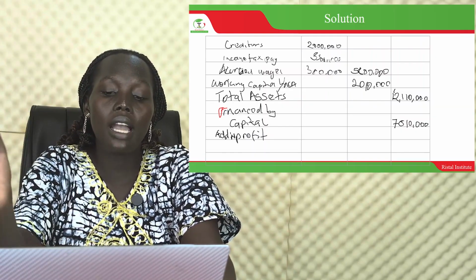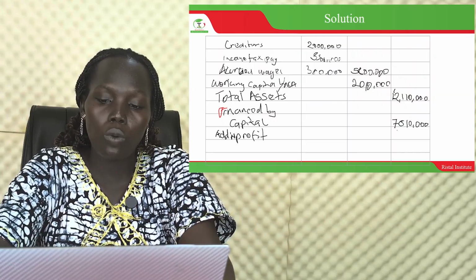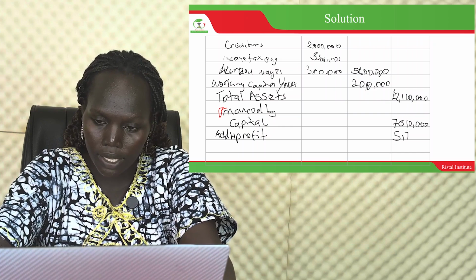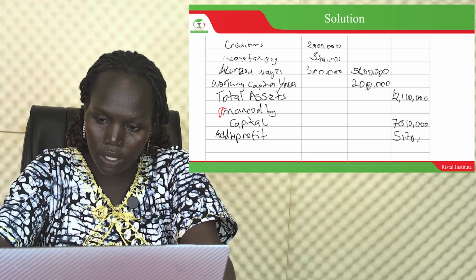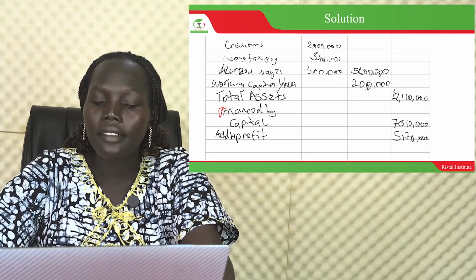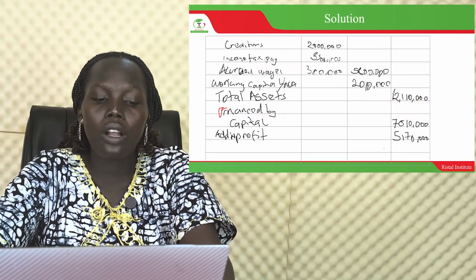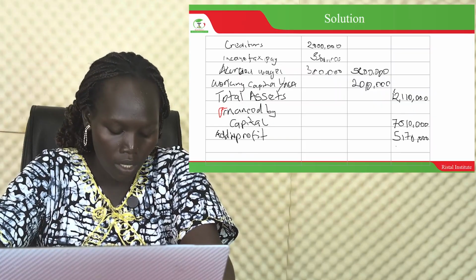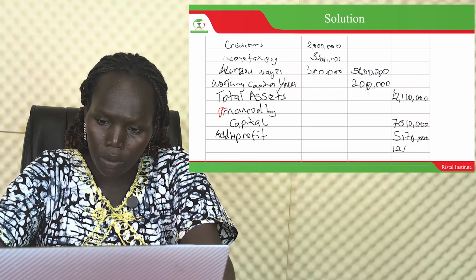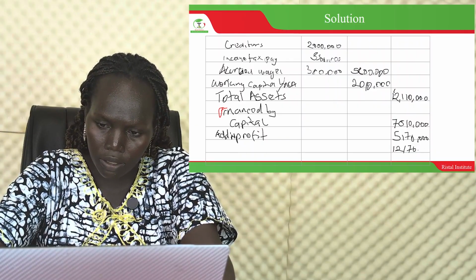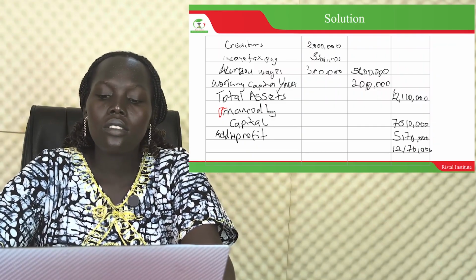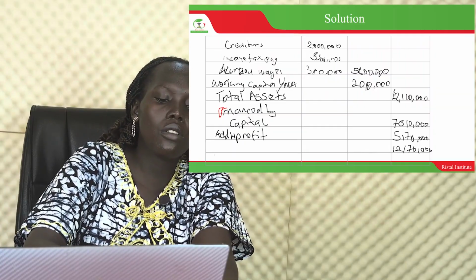So our net profit was 5,170,000. So after adding the profit to the capital, we shall get 12,170,000.